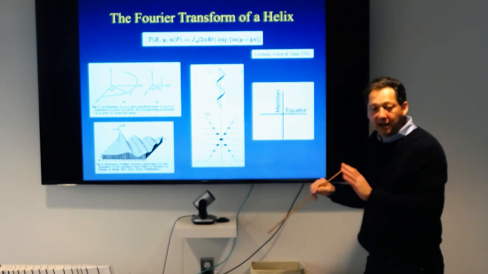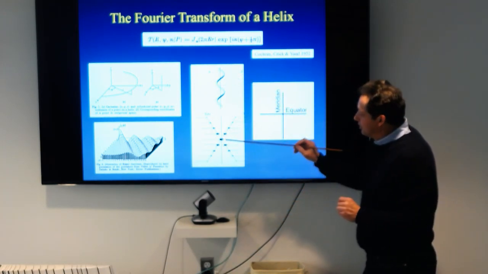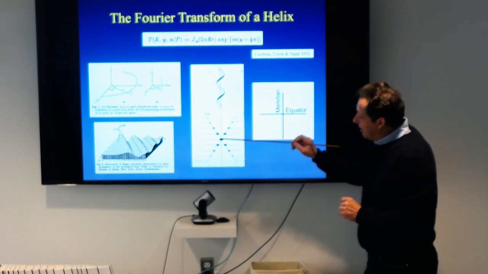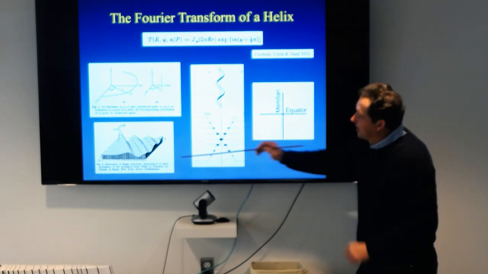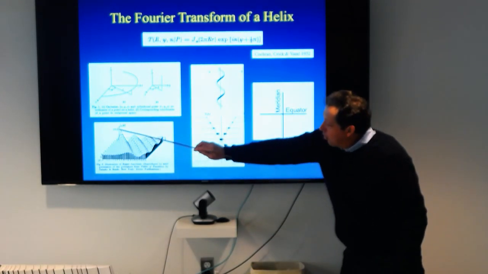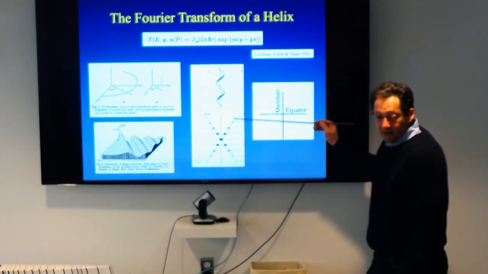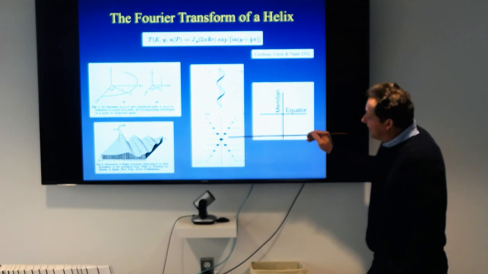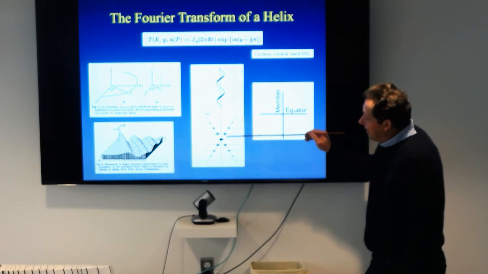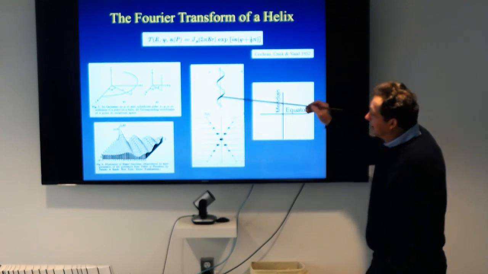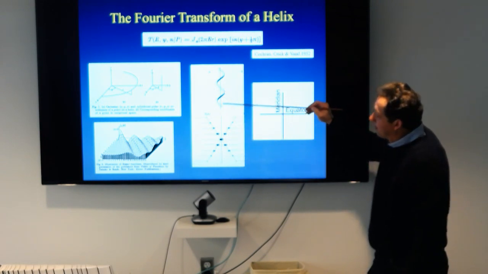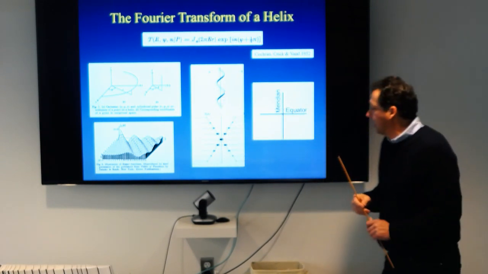It's still an ideal helix. What you see is at the origin a big peak, because that corresponds to the Bessel order 0, and then you have subsequent Bessel orders as they come along. The distance between these reflections is going to be inversely proportional to the pitch of your helix.